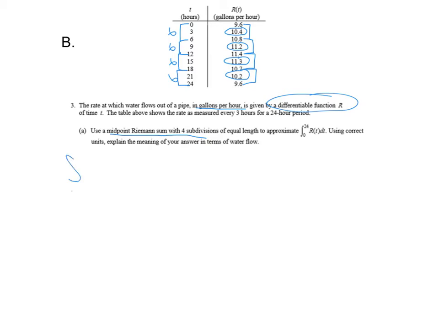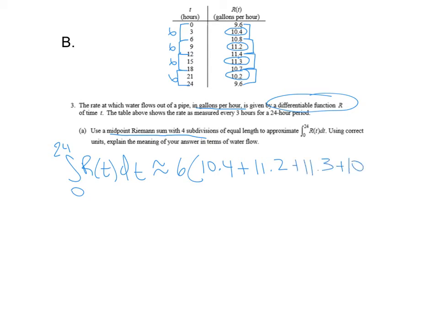So let's see, the integral from 0 to 24 of R of t dt is approximately 6 times 10.4 plus 11.2 plus 11.3 plus 10.2.